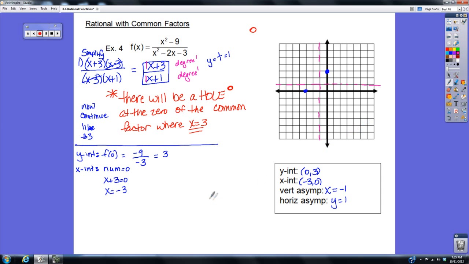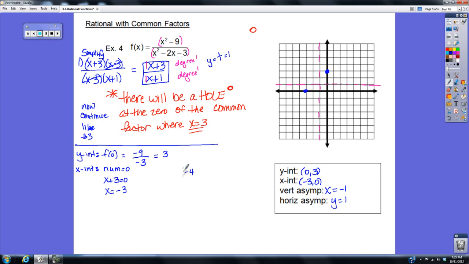So the only thing left to do is additional points. Go to your calculator and type in your equation. Be sure to put parentheses around the numerator and the denominator. We're going to find some additional points. I'm just going to write down some of the additional points that I used.